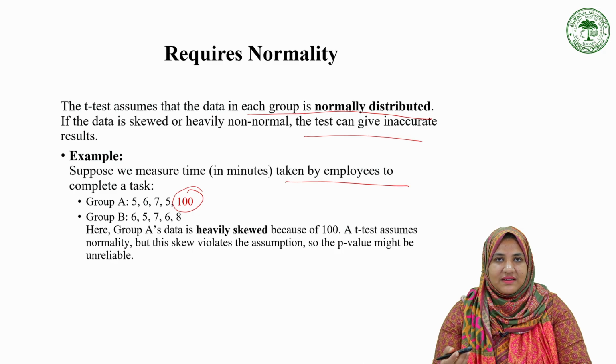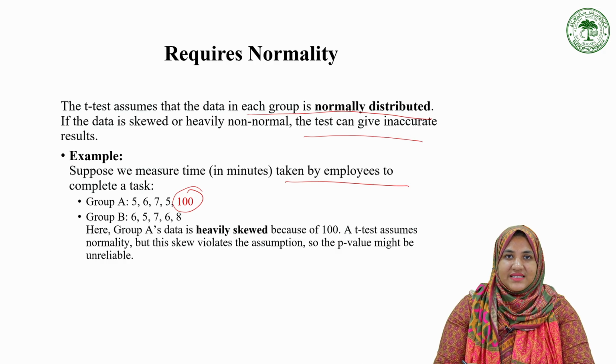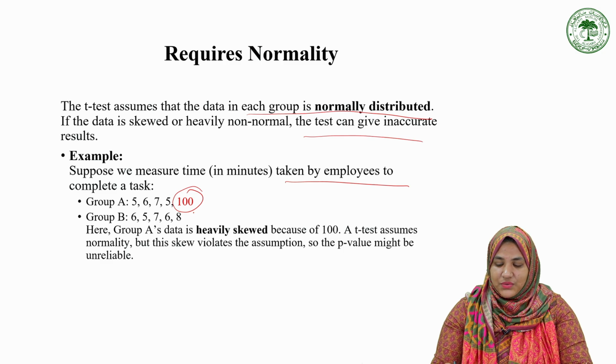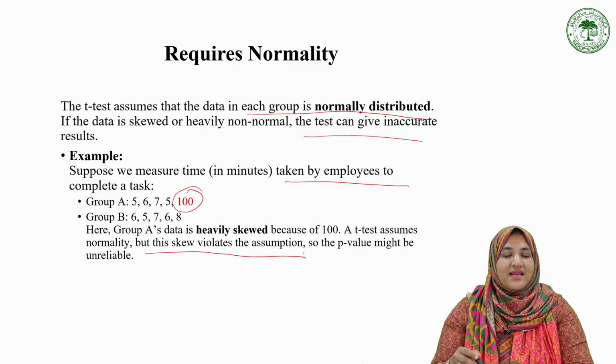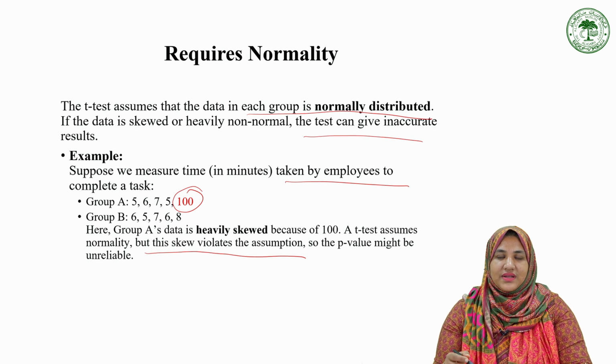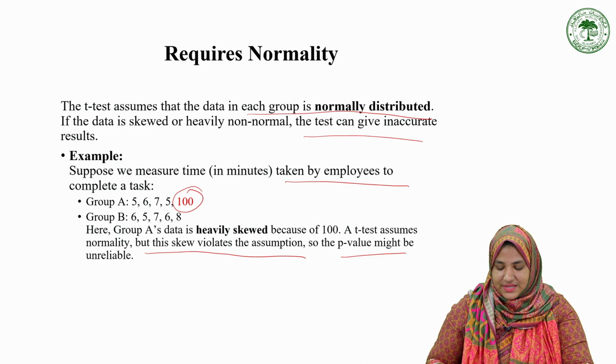That is the time taken in minutes by the employees to complete a particular task. So here group A's data is highly skewed because of this 100, isn't it? The t-test assumes normality, but this skew violates the assumption, so the t value might be unreliable. That is why we can say that it requires normality, and it is very sensitive to the normality assumption.